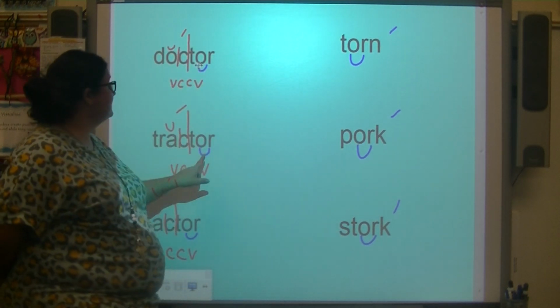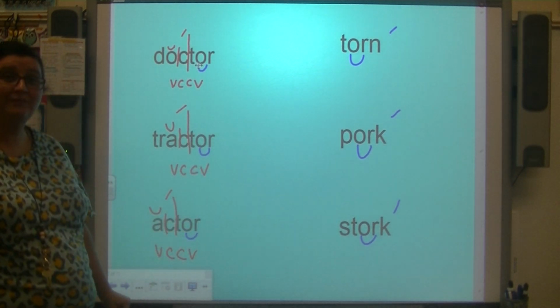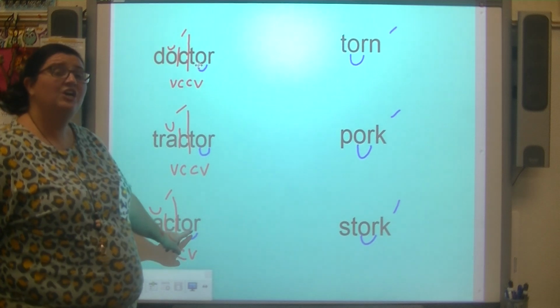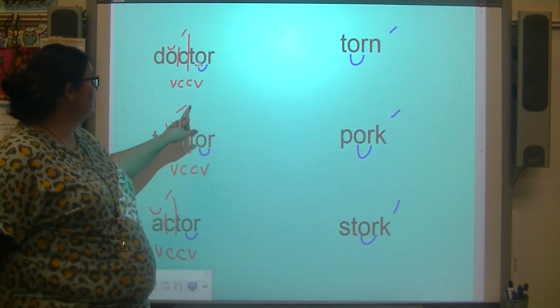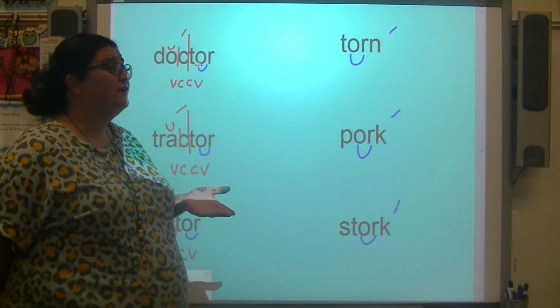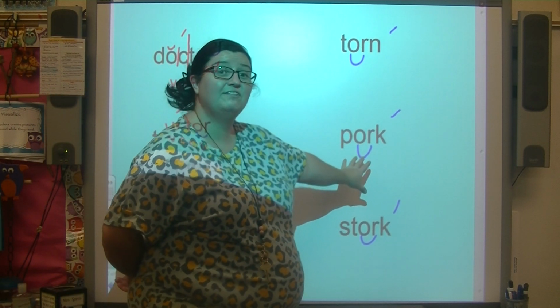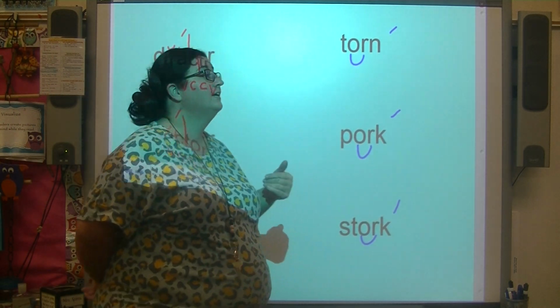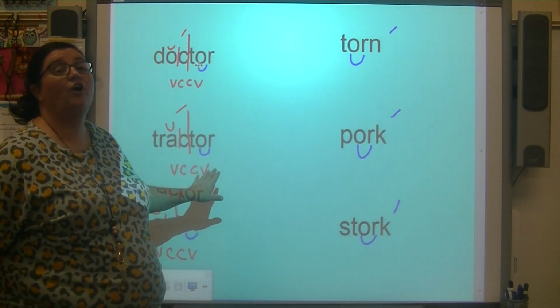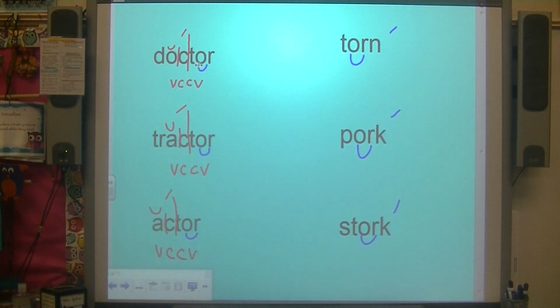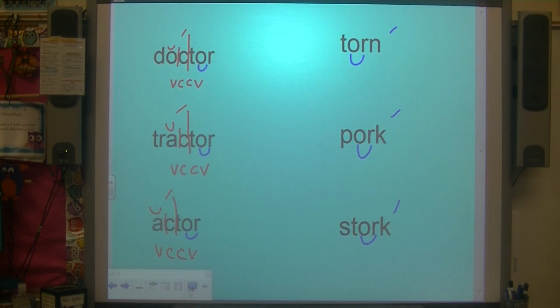If it is in the 2nd syllable that does not have the accent, it will say schwa-r like in these words. And if you're confused, you can try the or sound first. And if it doesn't make sense, then you try the other sound. Okay, boys and girls? That's how we figure it out. All right, so let's go back to our page.